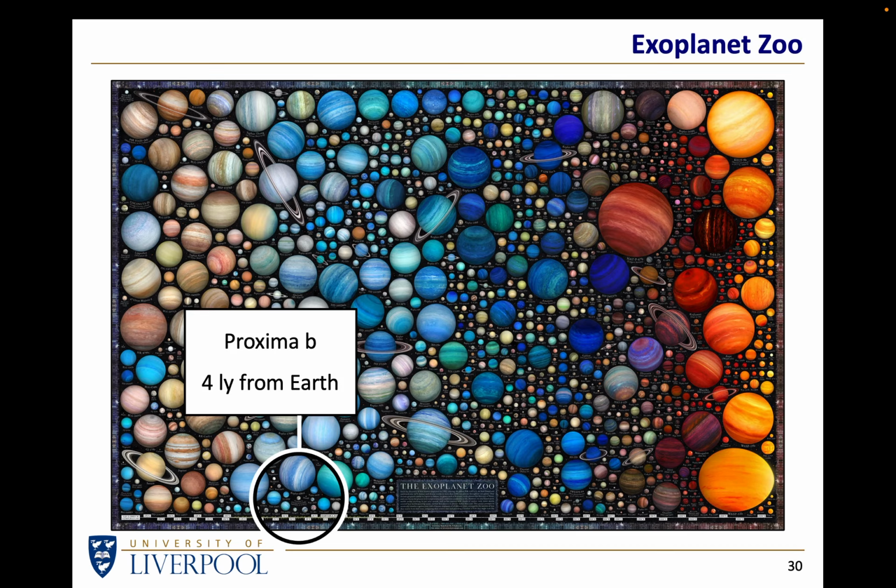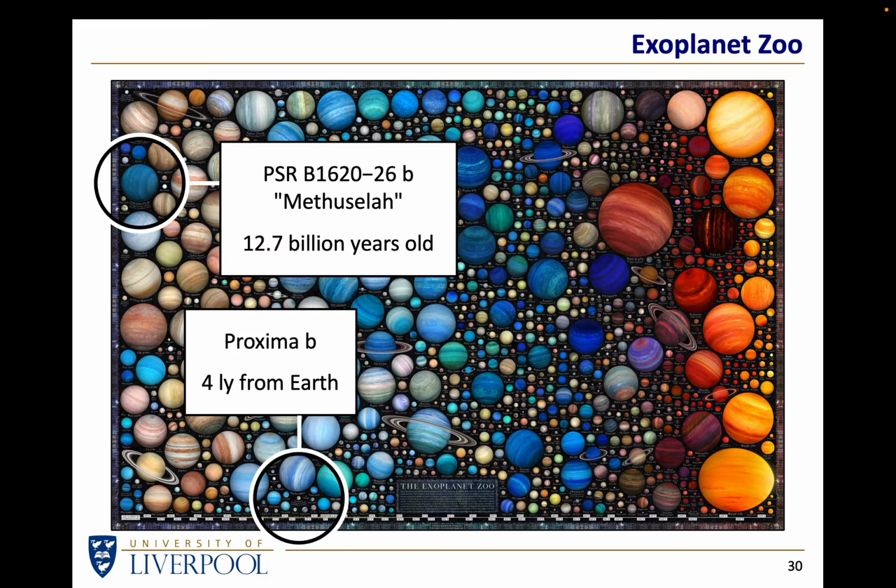So although we haven't mapped all of the billions of stars in the Milky Way, it looks like there's a very high chance that a lot of them, maybe not all of them, but a lot of them have exoplanet systems. One of the oldest we found so far, which has gone under the nickname of Methuselah, is a planet that appears to be 12.7 billion years old.